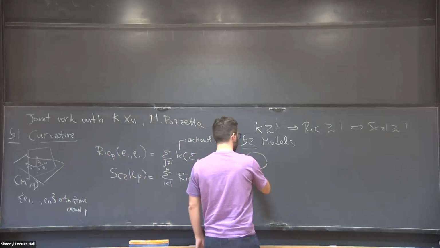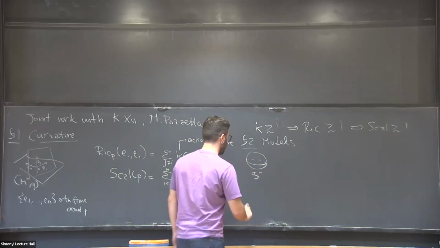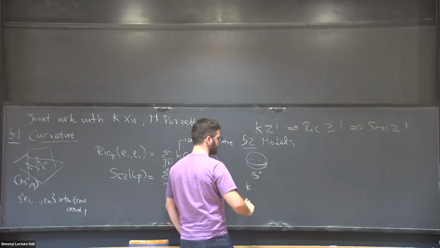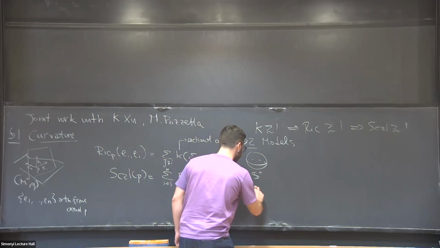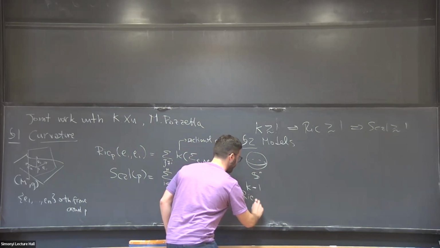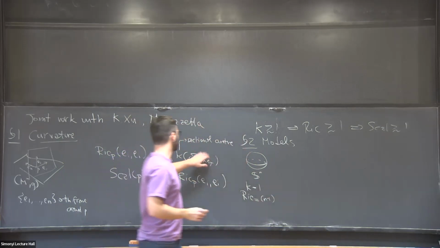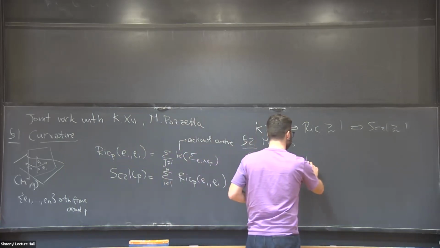It's the sphere, the unit sphere in R^{n+1}. This has constant sectional curvature 1, which means that at every point and in every direction, Ricci is n-1, because you sum n-1 of them.